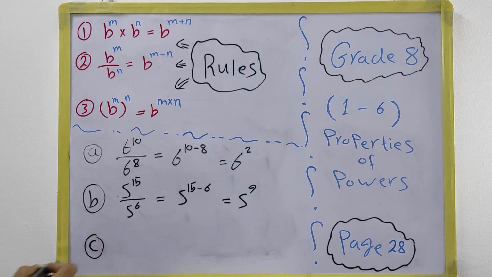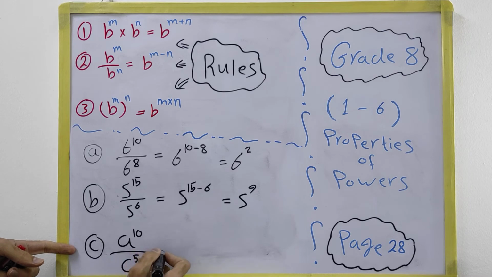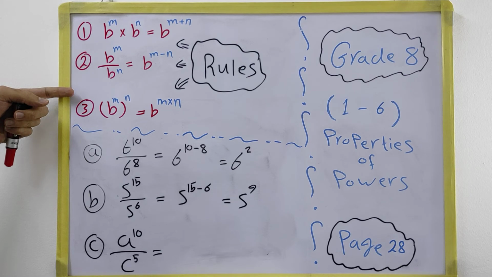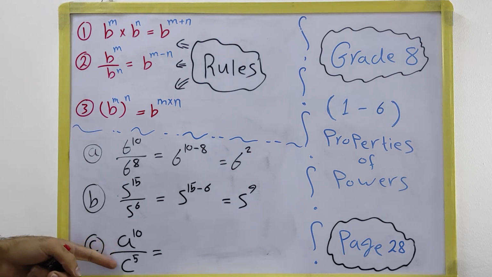Let's say a to the power of 10 over c to the power of 5. What do you think in this case? A to the power of 10 over c to the power of 5. We said always for all the rules we talk about the same base. But look, they are different, a and c. So you cannot say a to the power of 10 minus 5 or c to the power of 10 minus 5.